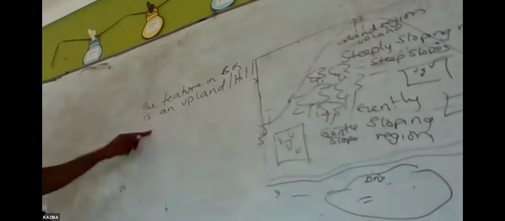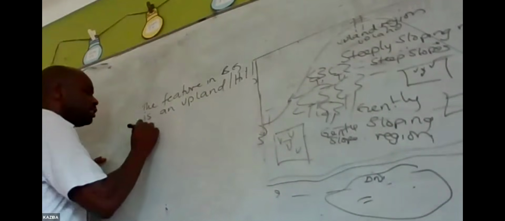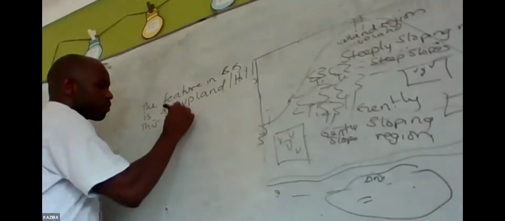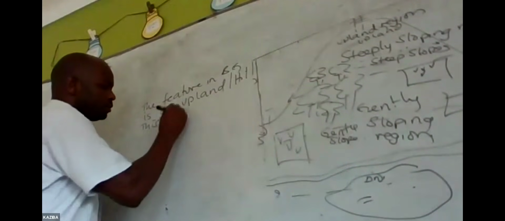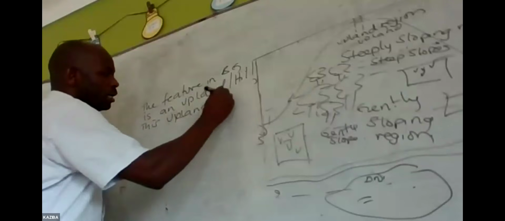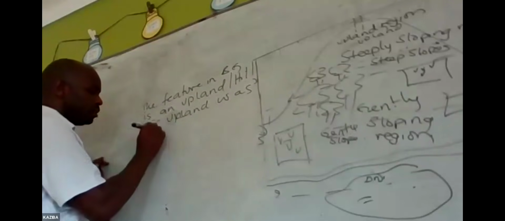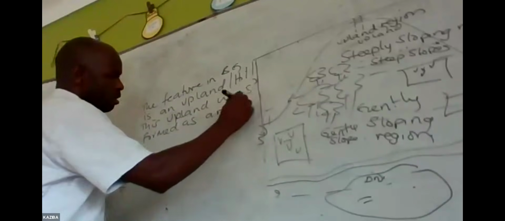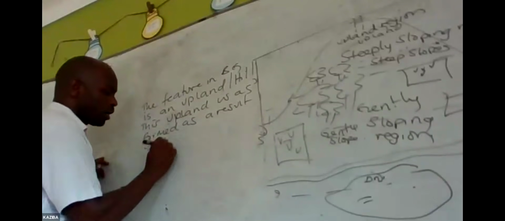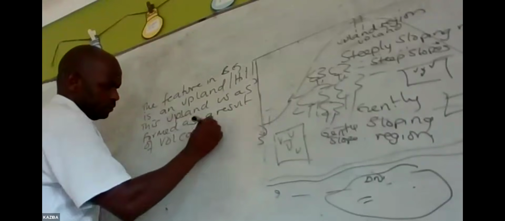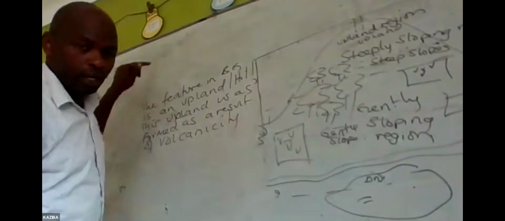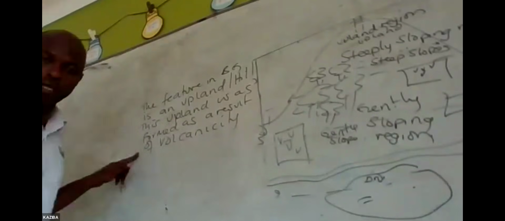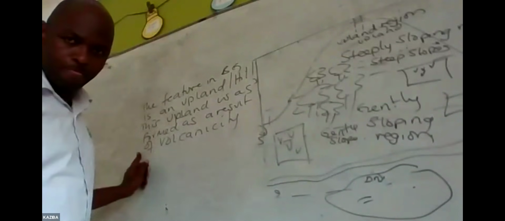Then identify the process. This upland was formed as a result of volcanicity. So you've identified the feature, you've identified the process. Are we together?